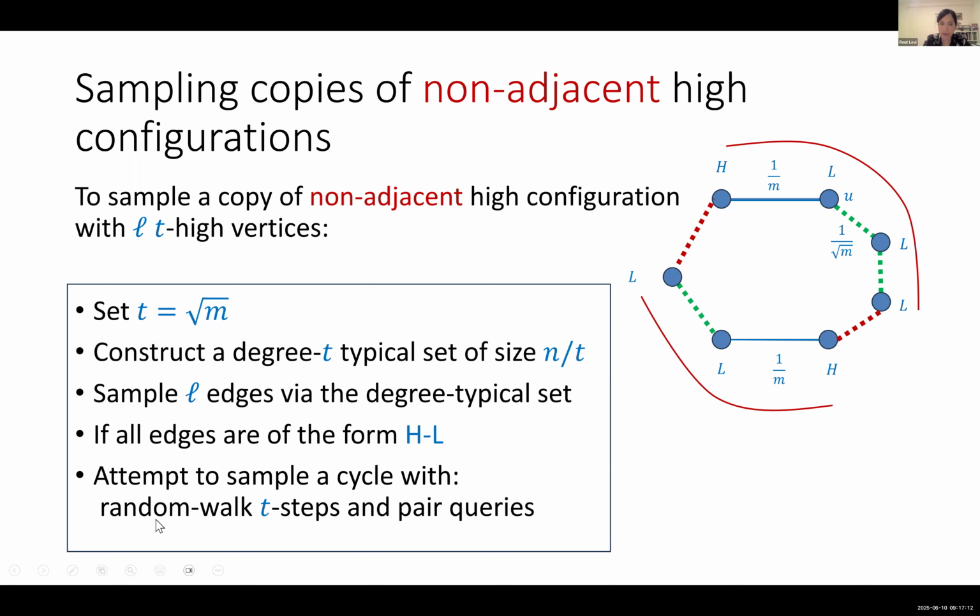We call this a random walk of t steps, and then to connect the paths we use pair queries. If the edge samples along with the neighbor queries and the pair queries form a cycle, then we return a copy.